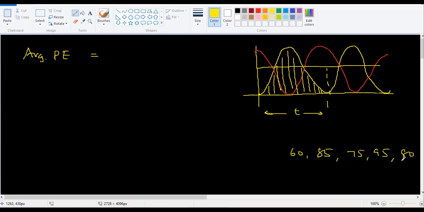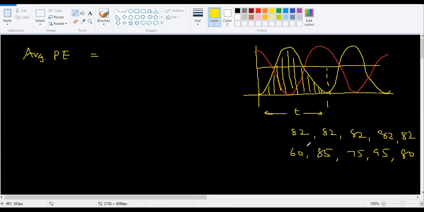Okay. So if I calculate the average, let's say it's somewhere around, say, 82 or 83, I don't know. Okay. So what it means is it's similar to having the same constant value in all the 5 subjects. So that's the meaning of average, right?